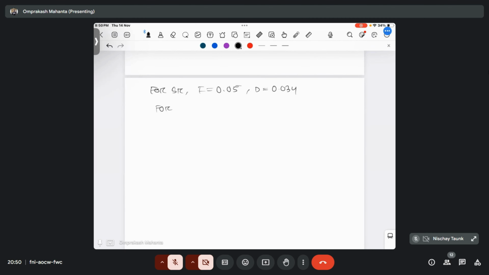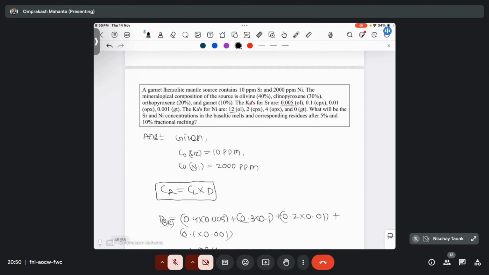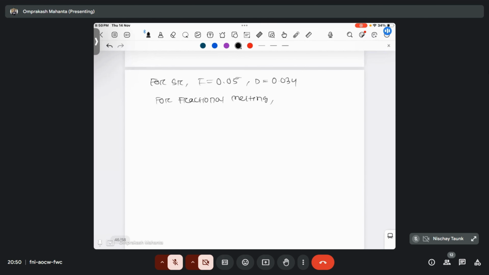For fractional crystallization, sorry, fractional melting, I told you a formula. This question is about fractional melting, you can see here it says fractional melting. So for fractional melting the formula is Cl by C0 equals 1 by D into (1 minus F) to the power (1 by D minus 1).